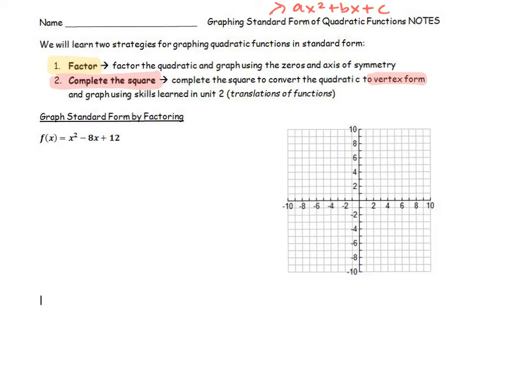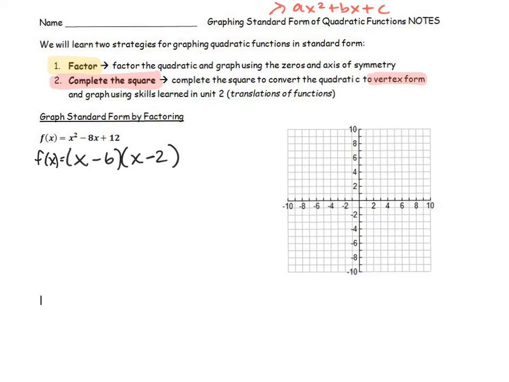So I'm going to factor this. The factored form should be f of x equals x minus 6 times x minus 2.